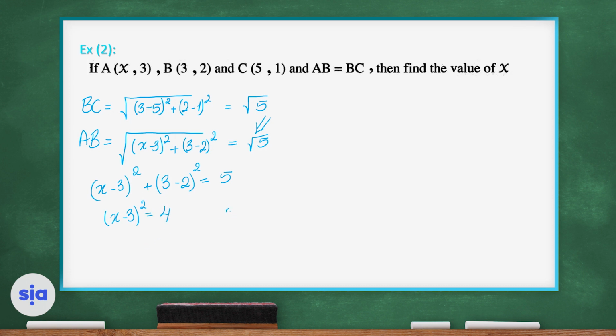Then x minus 3 is equal to positive or negative square root of 4, that is positive or negative 2. So here x minus 3 equals positive 2, or x minus 3 equals negative 2. Then x equals 5 or x equals 1.